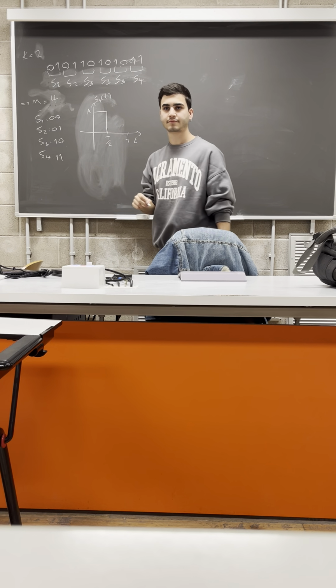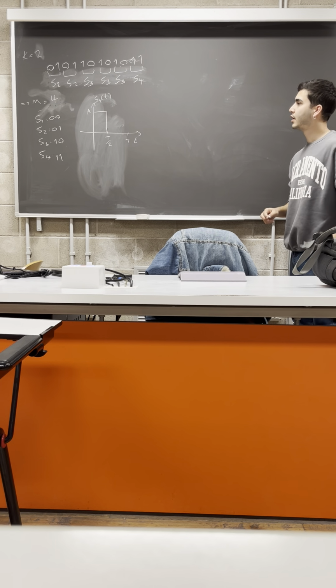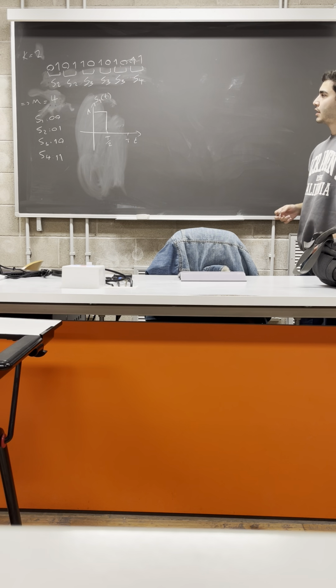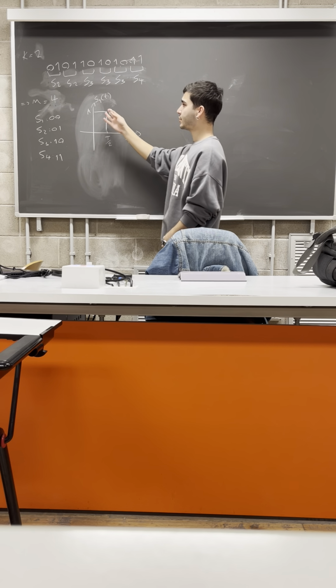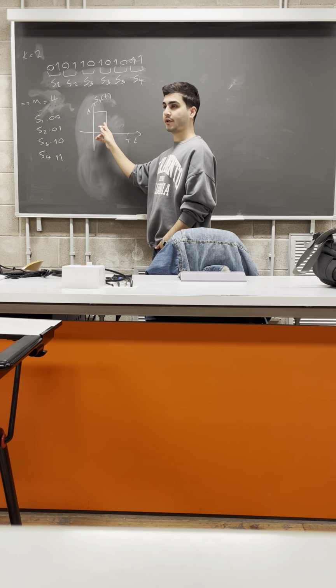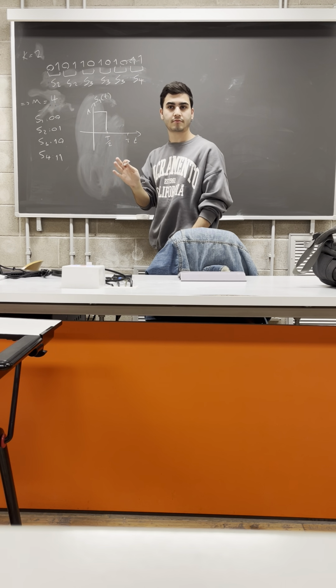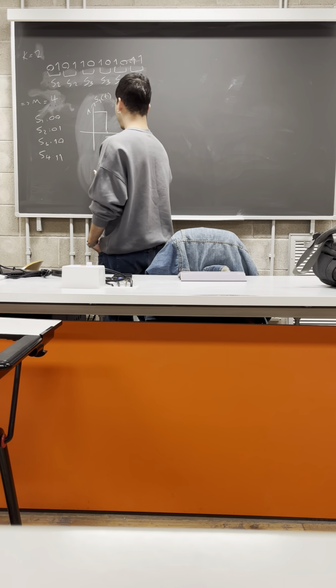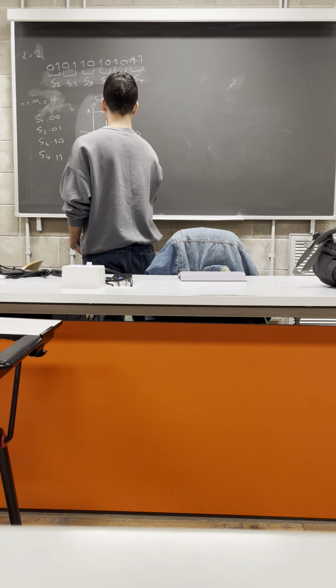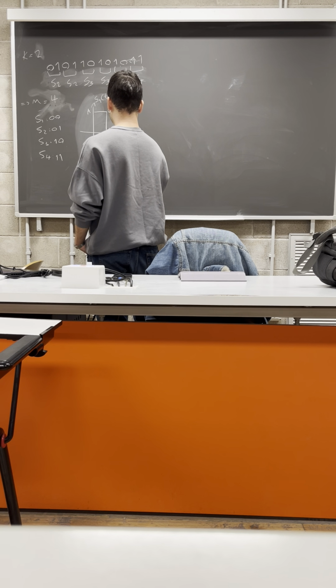So if I want to send S1, I will just send this waveform that has some energy, and for S2 I will send another pulse that has another energy. For example, this one.